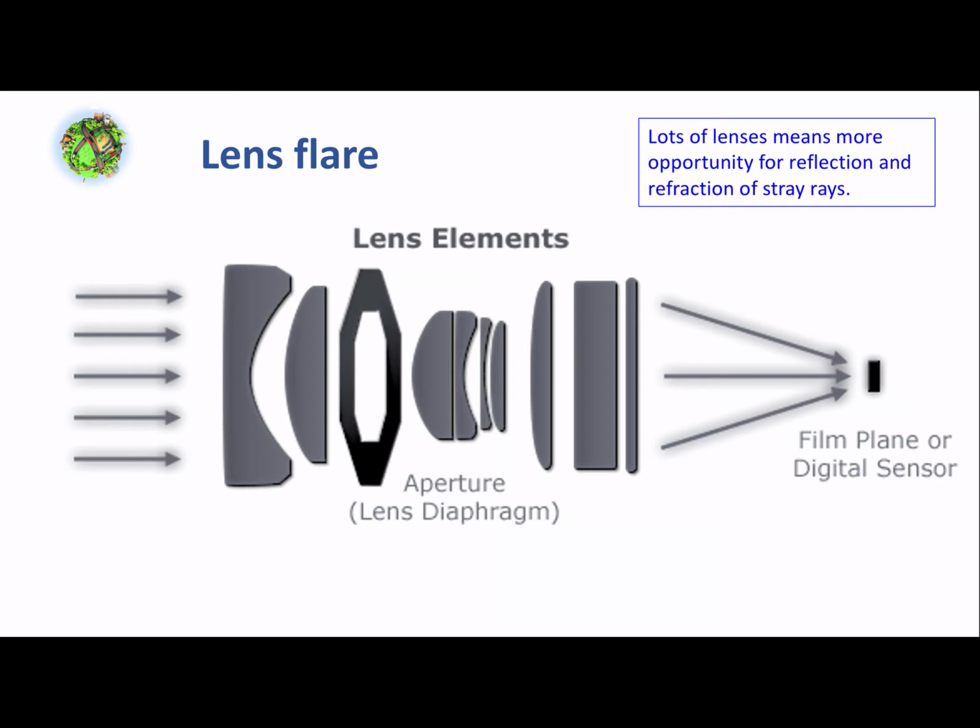Remember, when light is incident on the surface, almost all the time, except when there's total internal reflection, you're going to get both reflection and refraction. That creates these stray rays that come out as a lens flare. So lens flare is really a product of multiple lens systems, modern camera techniques. All right, let's move on.